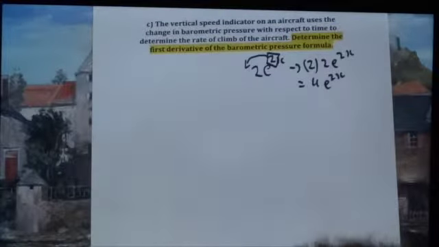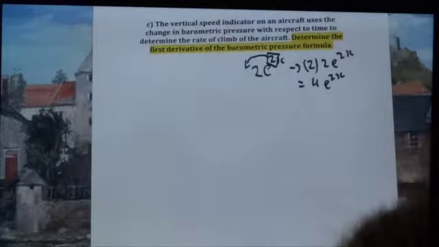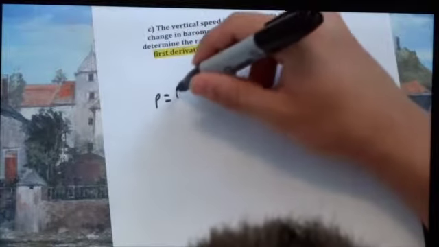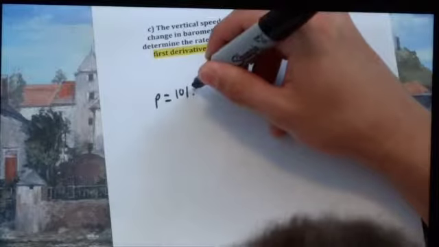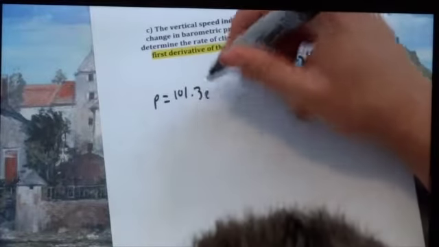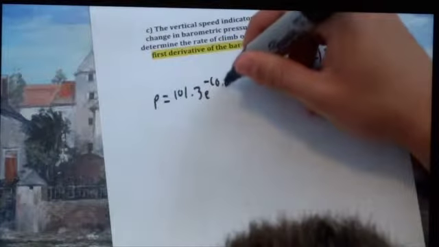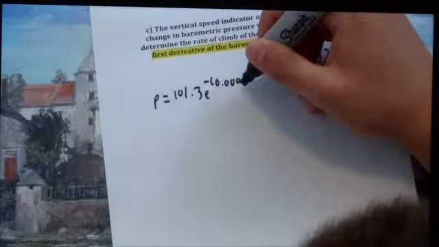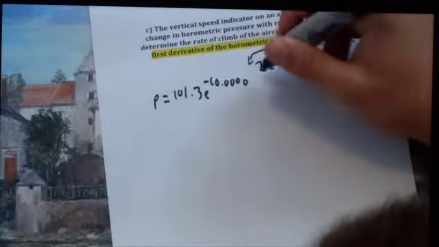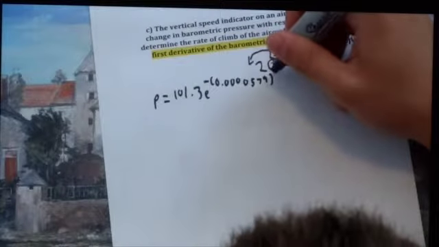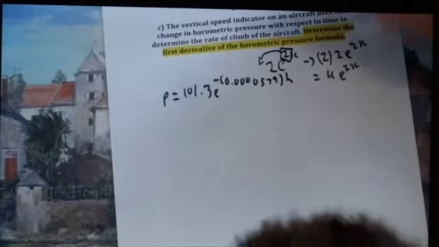So now it says determine the first derivative of the barometric pressure formula. We know our barometric pressure formula already, which is P equals 101.3e to the exponent of negative 0.0000579, bracket H. So this is our formula.